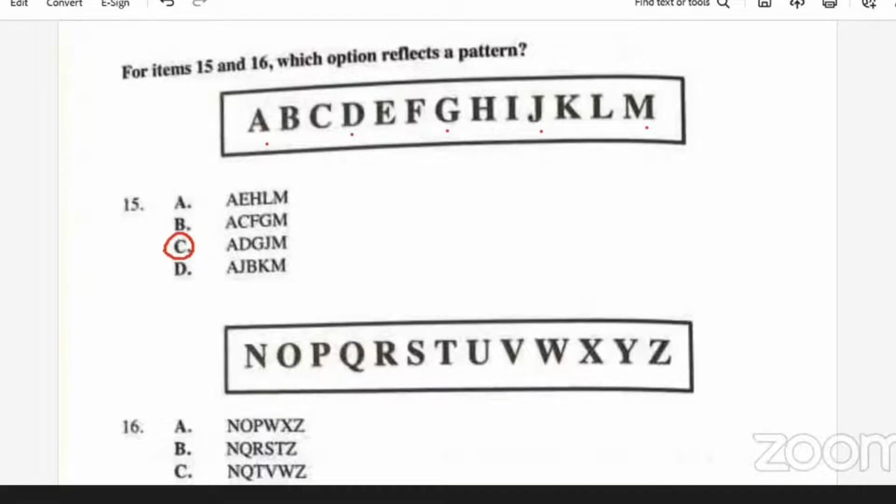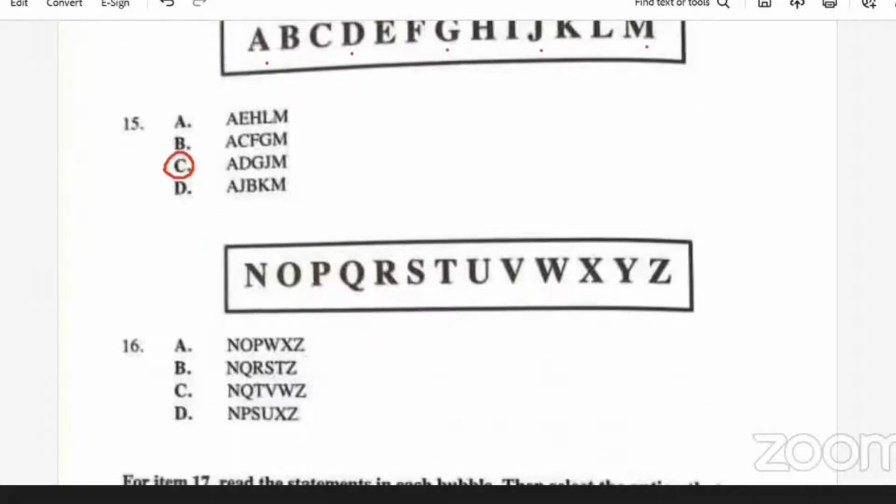All right, let's go to 16. Same thing, we want to see what the pattern is. For A, they have N, O, P, then W, X, Z. That's not a good pattern, so that doesn't work. Let's try the second one: N, Q, R, S, T, Z. Again, there's no set pattern here, so that also doesn't work.